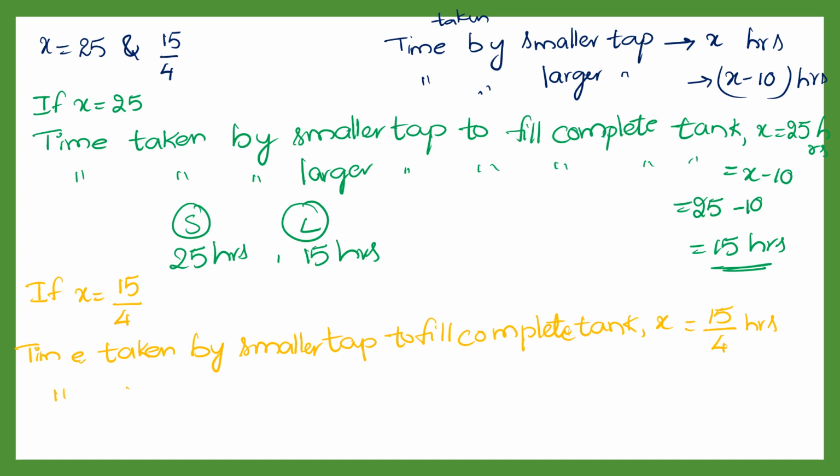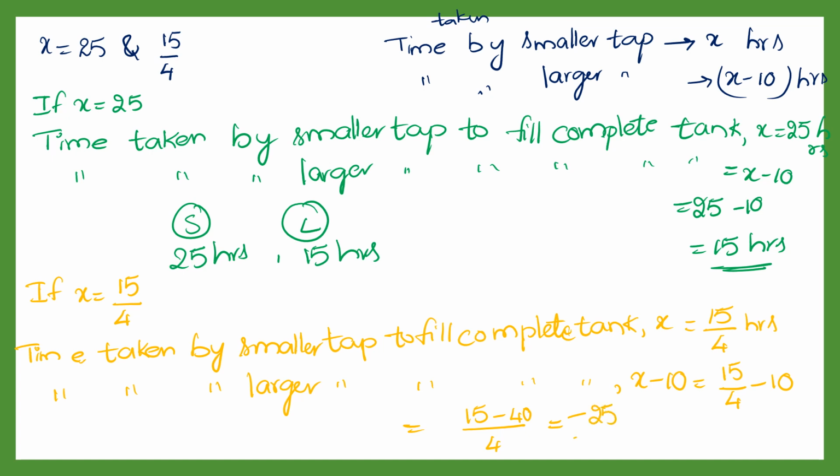Now similarly, time taken by the larger tap is what? To fill the complete tank, it is x minus 10. That means 15 by 4 minus 10. So you get what? 4 is the LCM. So you get 15 minus 40. That means 15 minus 40 is what?